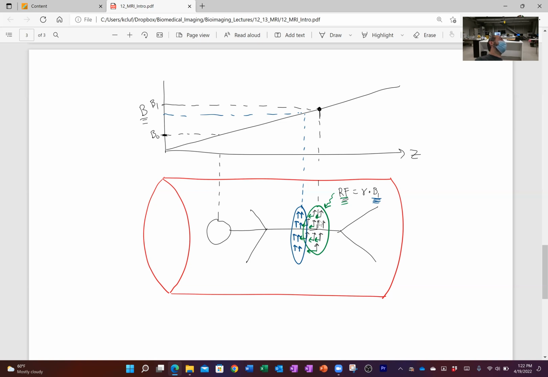Then you turn off the RF pulse and they try to snap back and realign with the external B field, and different tissues take different times to do that. Time for relaxation, okay? And so this is how slice selection is determined in MRI imaging.